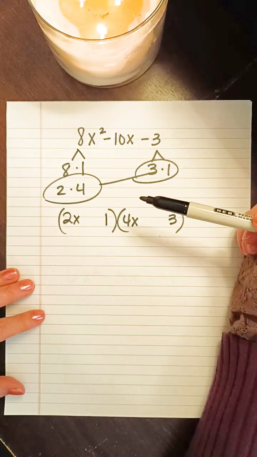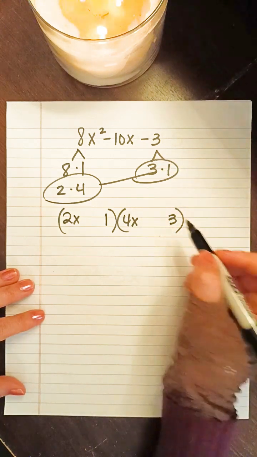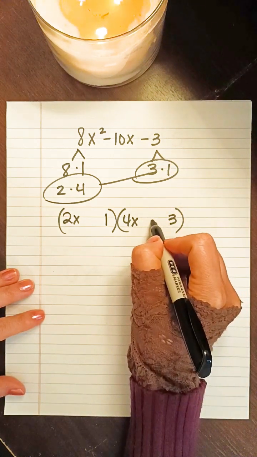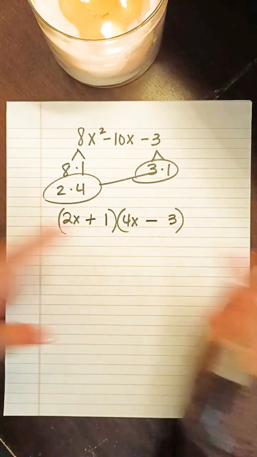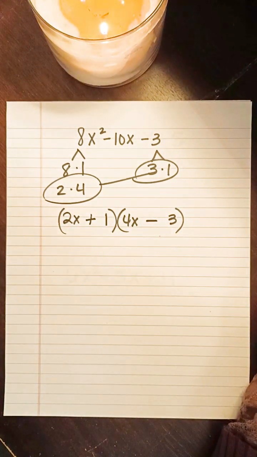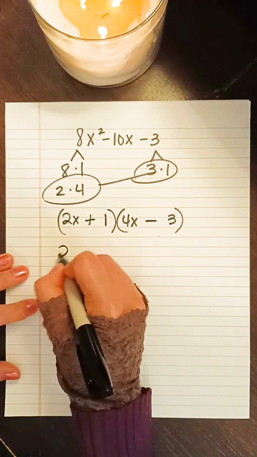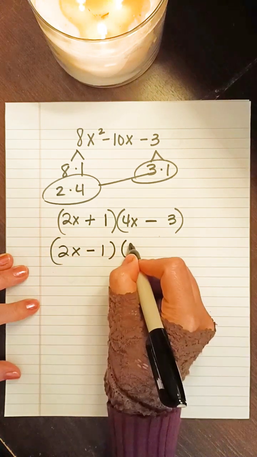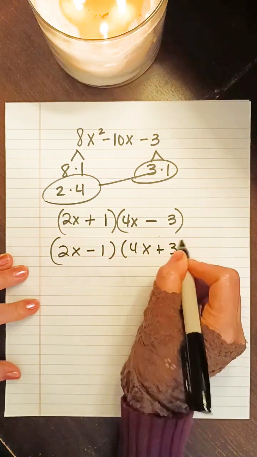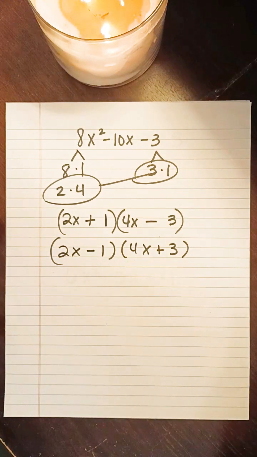It's not gonna work. If I were to place a negative here and a plus here, that's negative 6 plus 4 is negative 2. I'm not getting that negative 10. Or if I were to place it like this, that's 6 minus 4, I'm not getting that negative 10.